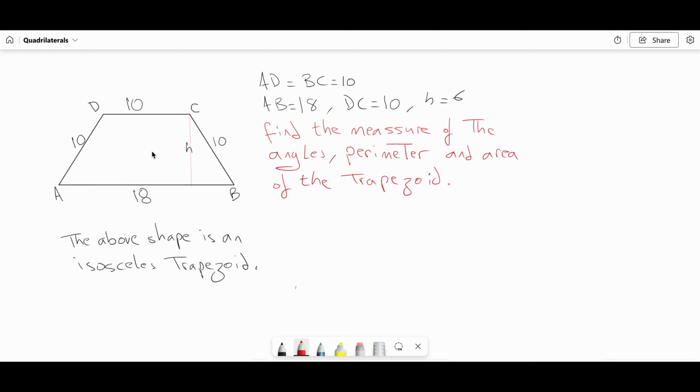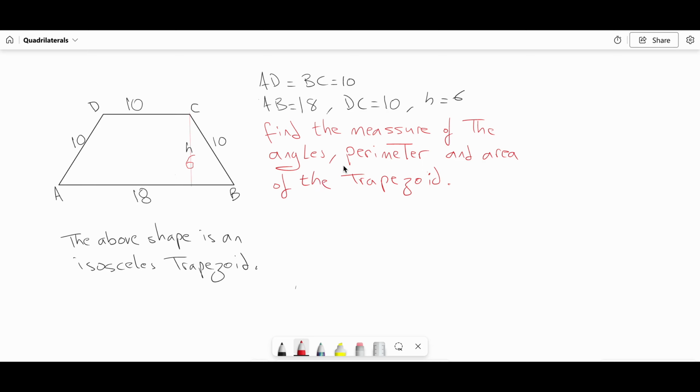By the way, this is an isosceles trapezoid with these two sides that are equal in lengths. We have that AB is equal 18, DC is equal 10, and we have the height also, which is equal 6. So this is equal 6.